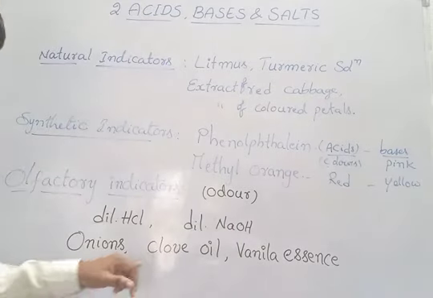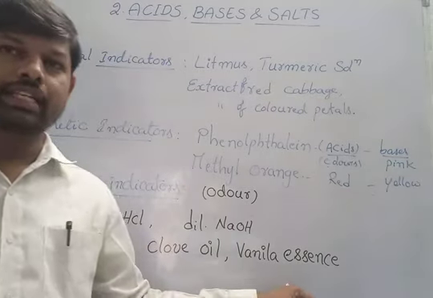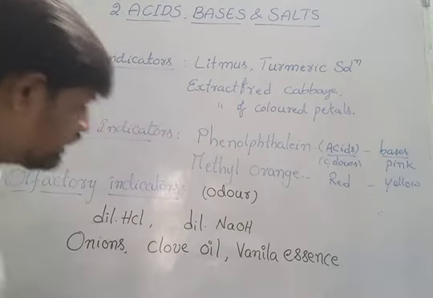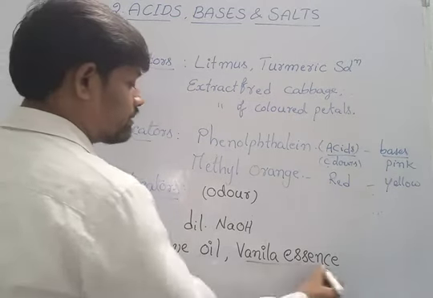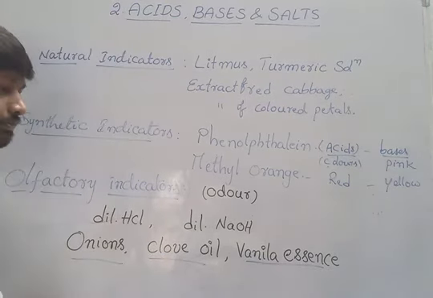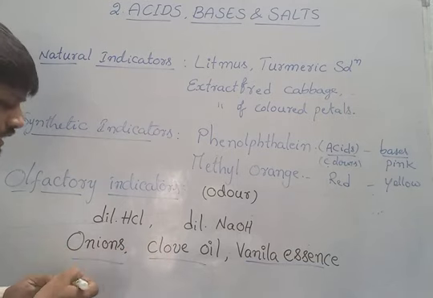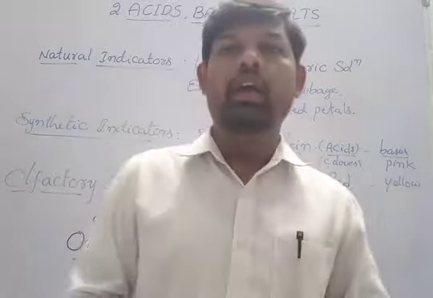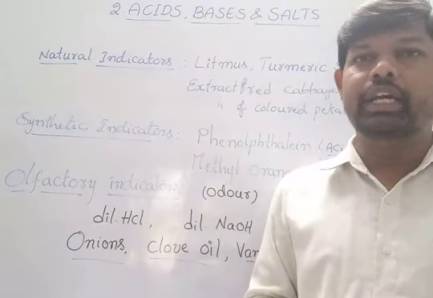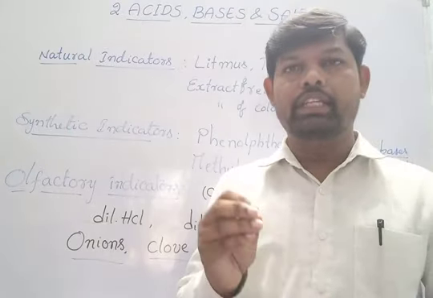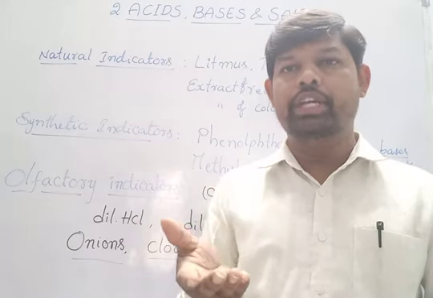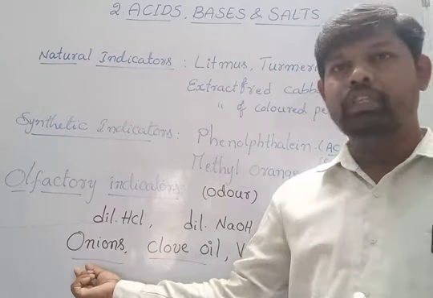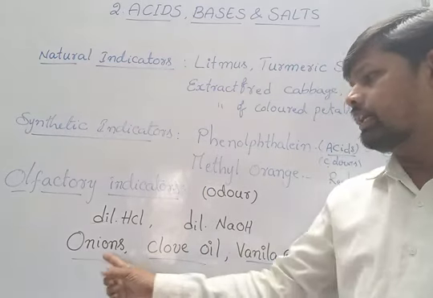So now we are using onions, clove oil and vanilla essence. Among these three materials we are using to identify acids or bases. Whether the given substance is an acid or base, we can identify with the help of these materials.